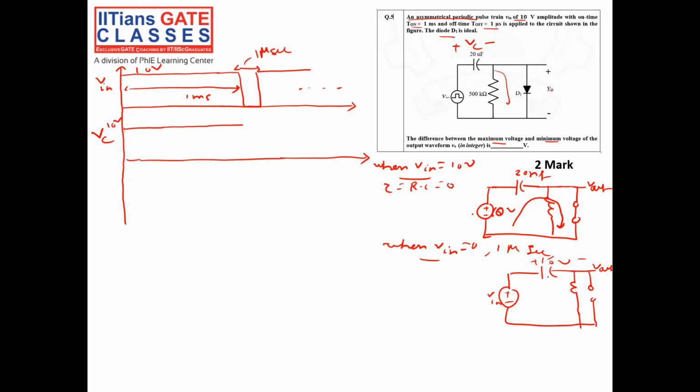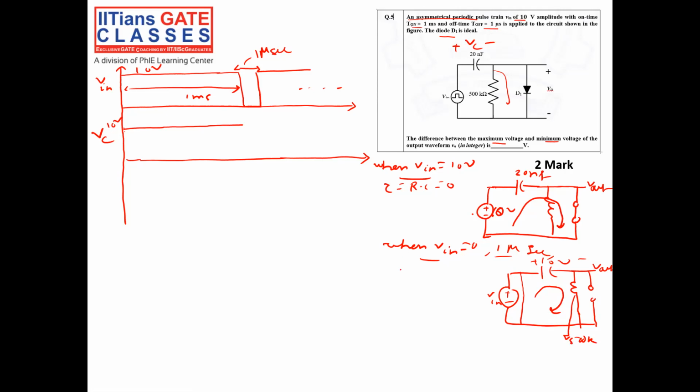Now V in is 0, so the capacitor will discharge through this resistor. What is the resistance value? It is 500 kilo ohm. It will discharge through this 500 kilo ohm resistance for 1 microsecond.